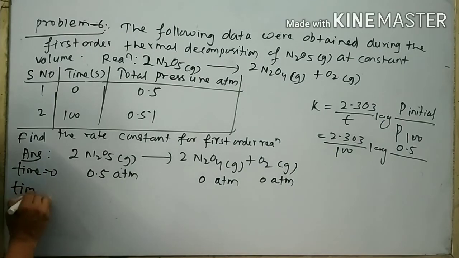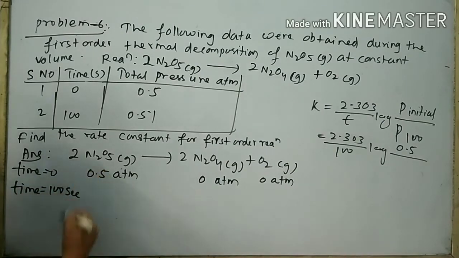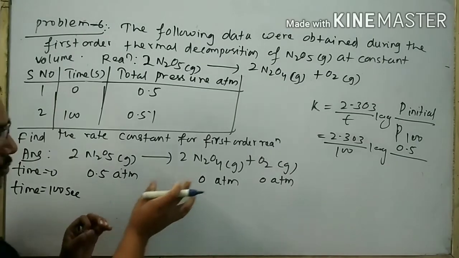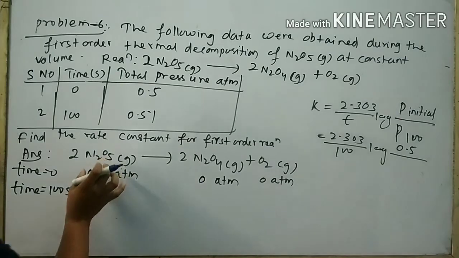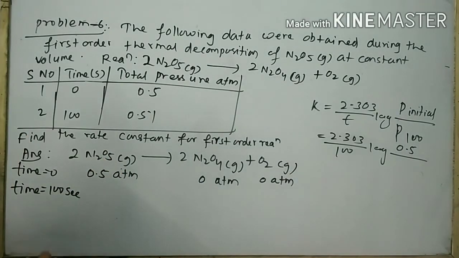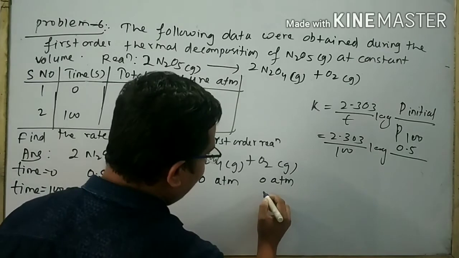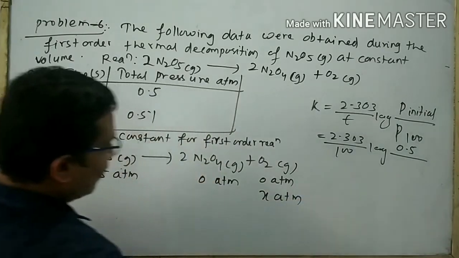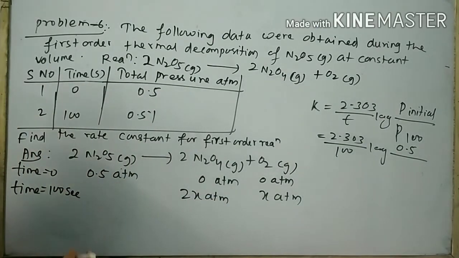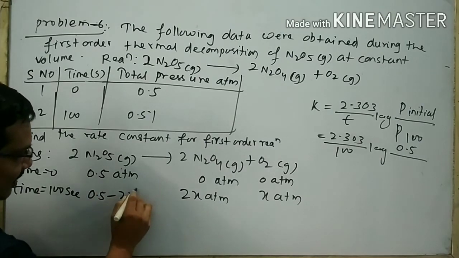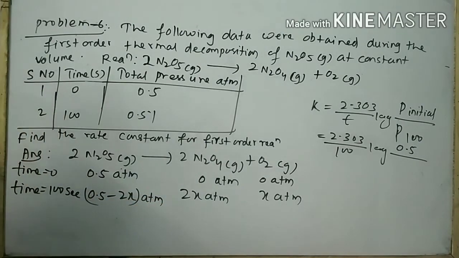After time 100 seconds, there is formation of some N2O4 molecule and O2 molecule, and there are some unreacted N2O5 molecule. Suppose after 100 seconds the pressure of oxygen is your x atm, then the pressure of N2O4 is your 2x atm. Like that, the pressure of N2O5 is your 0.5 minus 2x atm. These are written according to the coefficient of the reactant and products.